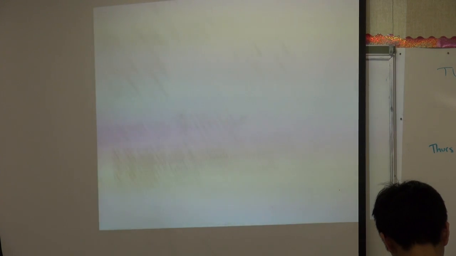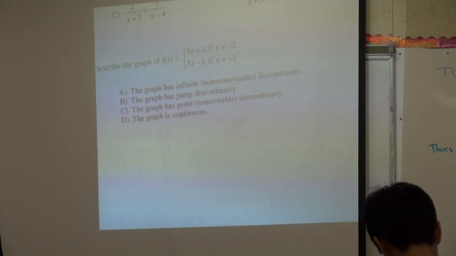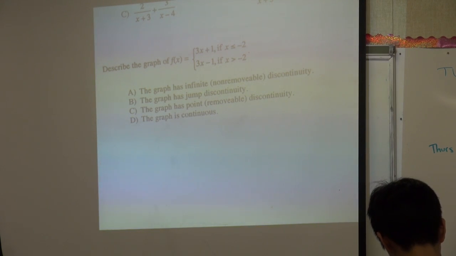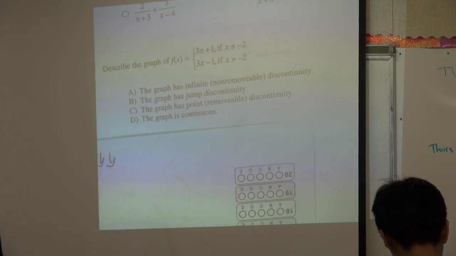Number 6. When we look at number 6, we know that we're looking at a piecewise function. And a piecewise function, if it has any discontinuities, will have jump discontinuity.